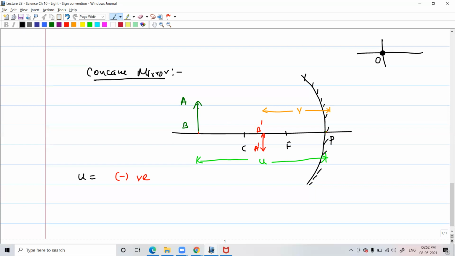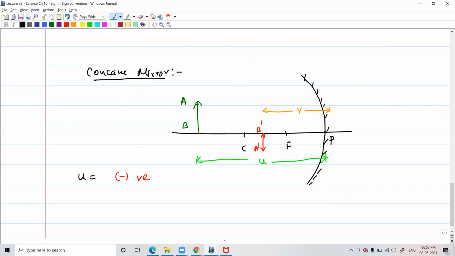So in this figure, U is negative. When I say U is negative, normally, if nothing is given in the question, you would consider this kind of drawing. You will draw the object always to the left by convention. You can draw it to the right also if you wish, but I will not confuse you by drawing the figure to the right now. Once you get comfortable, we will see some other orientations later.